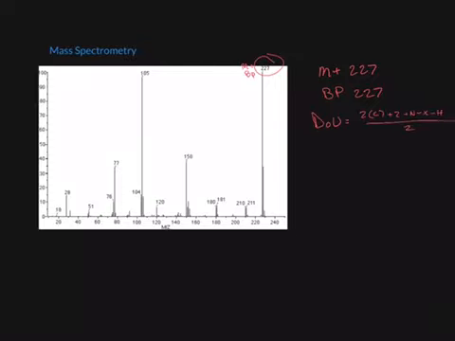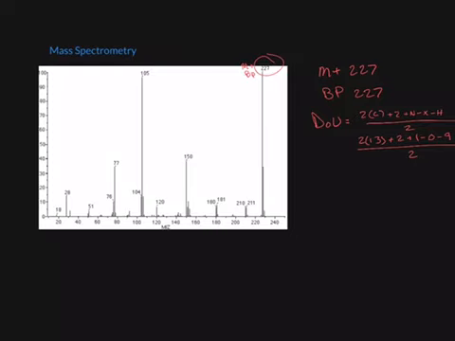Now to calculate the DOU. This is the formula for the degrees of unsaturation, which is 2 times the number of carbons, plus 2, plus the number of nitrogens, minus the number of halogens, minus the number of hydrogens, all over 2. So for this molecule, ours will be 2 times 13, plus 2, plus 1, minus 0, minus 9, all over 2.